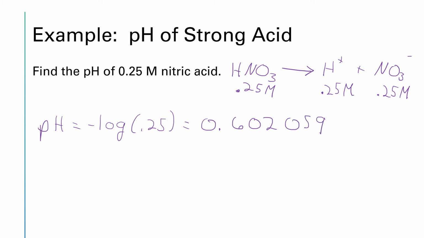My molarity has 2 significant figures, so that means I need to have 2 decimal places in the pH. So that will round to 0.60 for the pH of this solution.